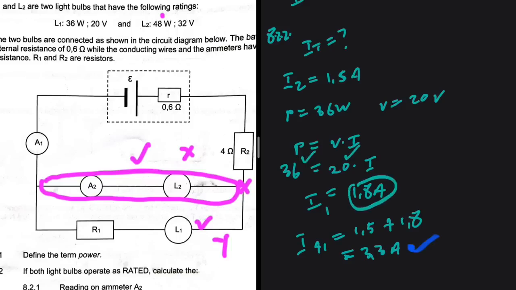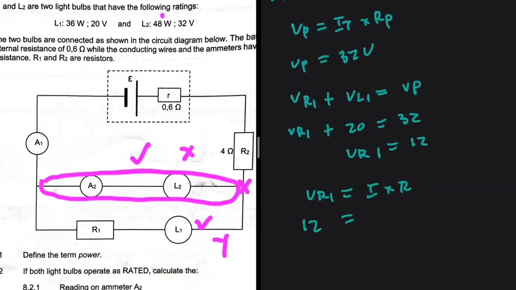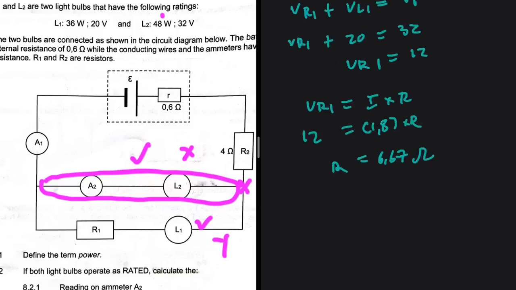The current is 1.8. So 1.8 passes through R1. So the current is 1.8 multiplied by R. So R is equal to 12 divided by 1.8. This is 6.67 ohm, right?